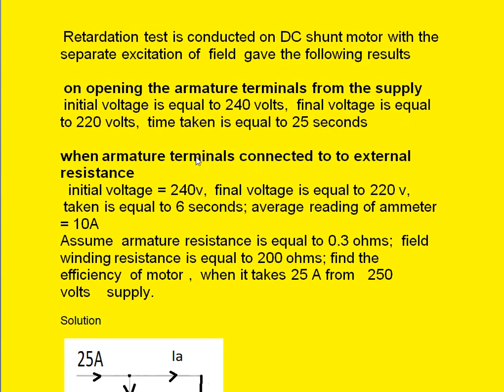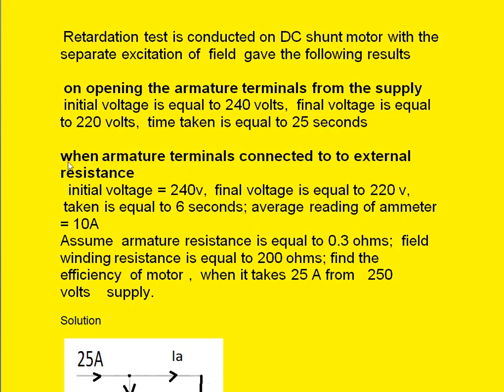So in the present problem, he has given two test results. That is, when the armature is directly connected across the supply and then removed, when the initial voltage applied to the motor is 240 volts, then disconnected from the supply, he allowed the voltmeter to reach 220 volts, and for that he took the time reading, that is 25 seconds.